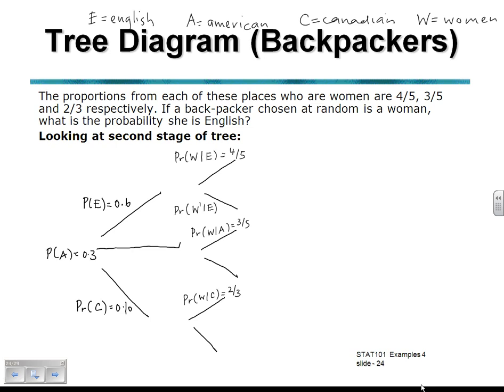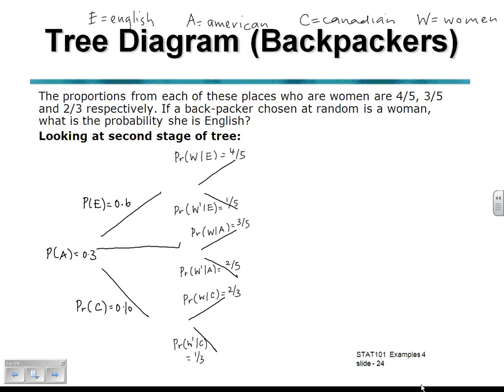Because the probabilities of both pairs of branches must add up to 1, total probability must be 1, of course, we can fill in the remaining probabilities that are missing from our tree. So probability they're not a woman given they're English, probability they're not a woman given they're American, and probability they're not a woman given they are Canadian.